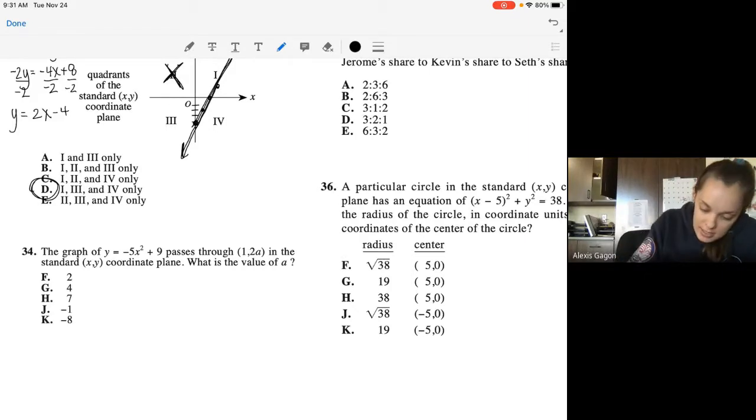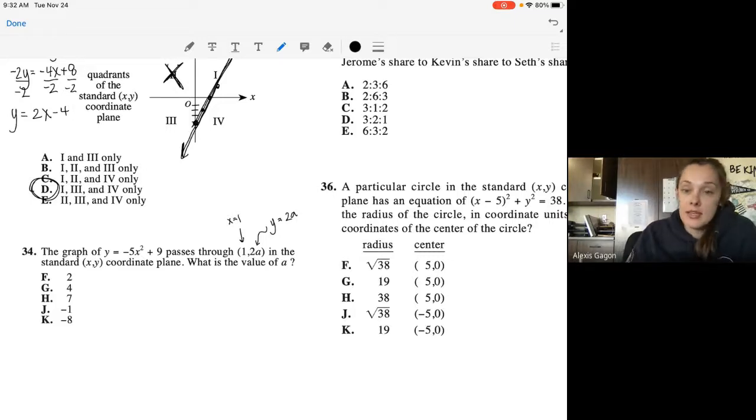Well, basically, this is saying that x equals 1 and y equals 2a. So we could just plug those right into the equation. And you might have done this a little differently, but as long as you get the same answer, it doesn't matter. So wherever there's a y, I'm going to put a 2a. So this is going to be 2a equals, wherever there's an x, I'm going to put a 1, negative 5 times 1 squared plus 9.